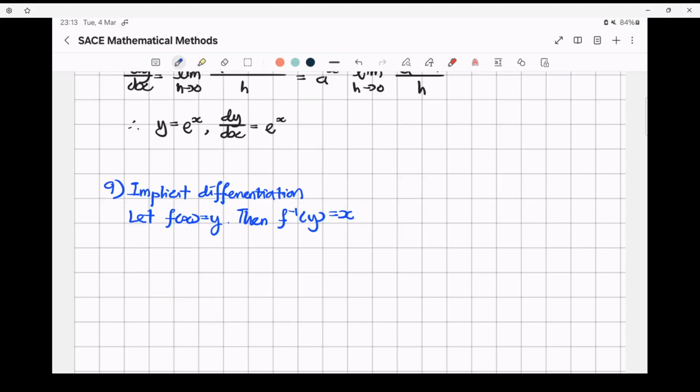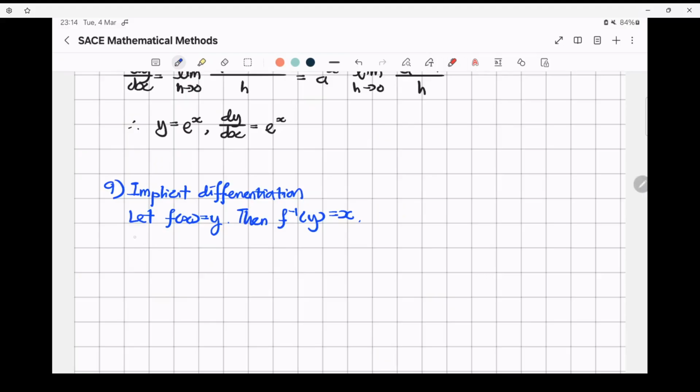Usually when we do this, at the very end we take note of y equals to x, then we can exchange the label. But in this case we don't do that, because we want to make use of this particular property.